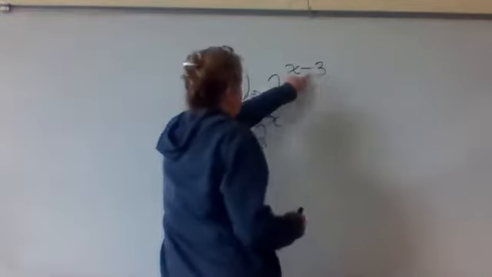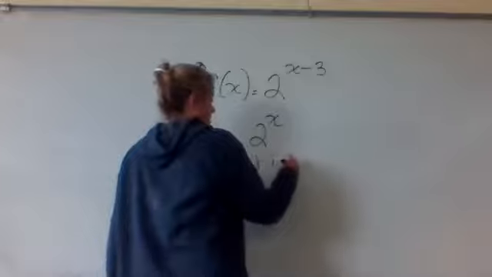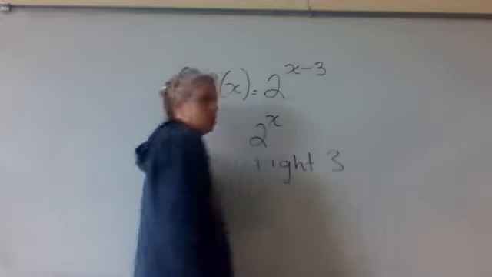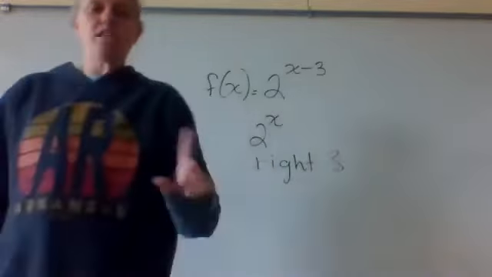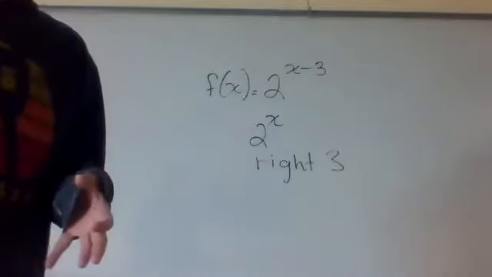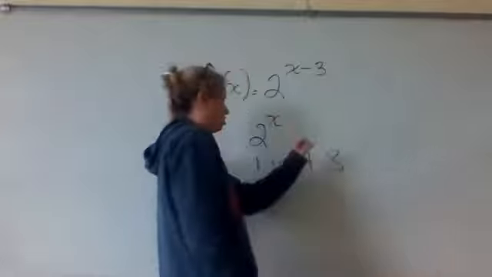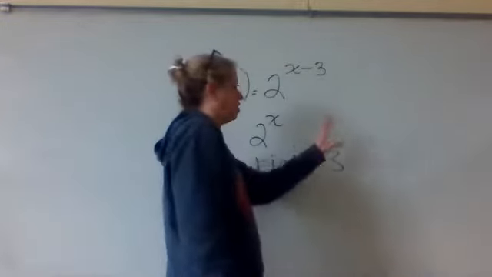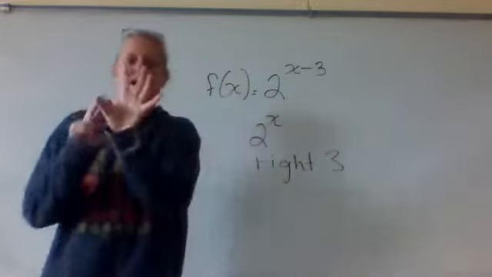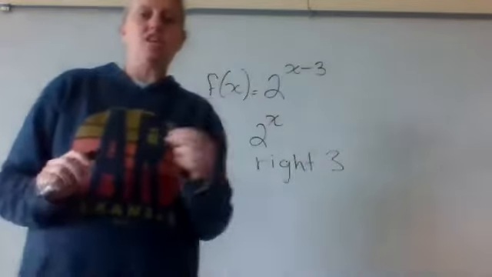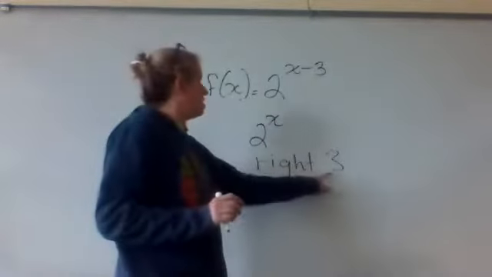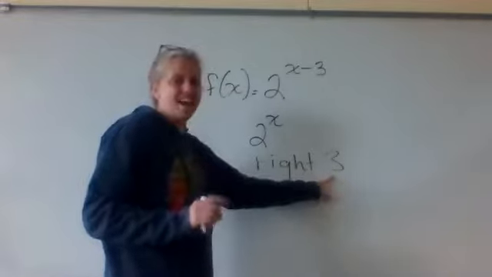So since it's a minus 3, I'm going to shift it to the right 3. Now, when you go in to do this graph, remember how you're going to just tell it to graph the exponential function, which will put that exponential shape right in the middle of your graph. Then you're going to tell it to horizontally shift it to the right 3.